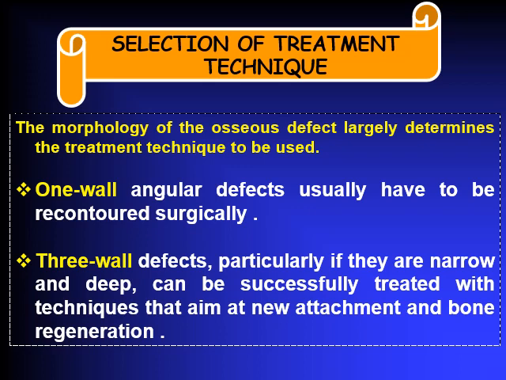While three-wall defects, particularly if they are narrow and deep, can be successfully treated with techniques that aim at new attachment and bone regeneration with bone grafting techniques and membrane.